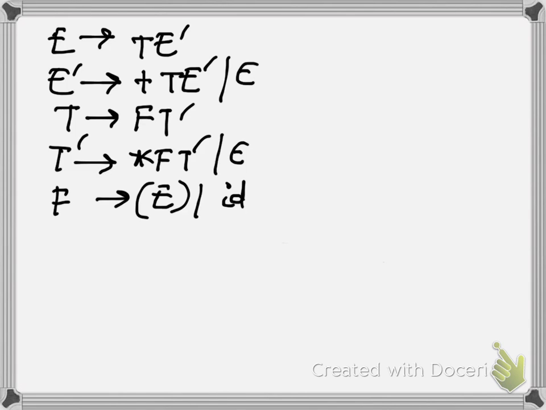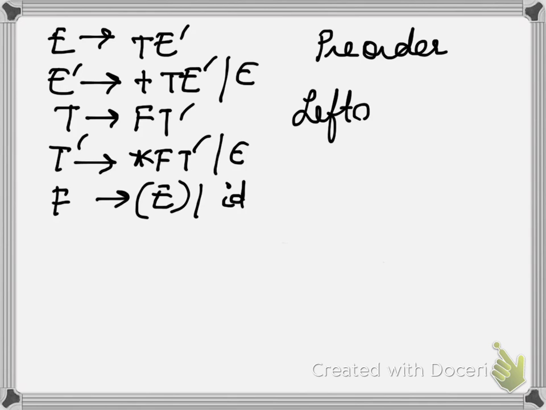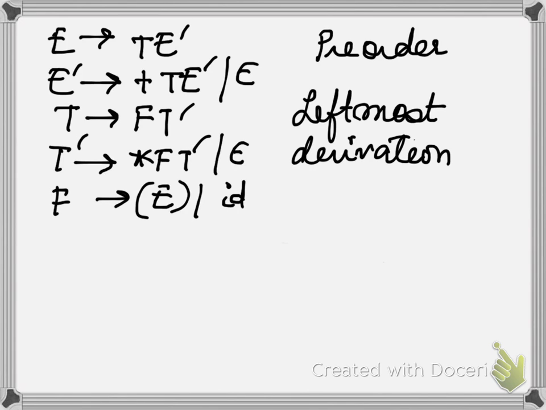That is your top-down, in a pre-order form. This is the same as finding the leftmost derivation of an input string. So we are going to do the leftmost derivation.